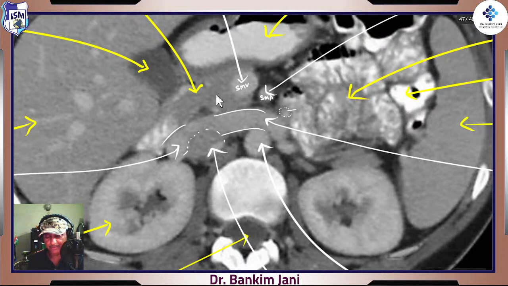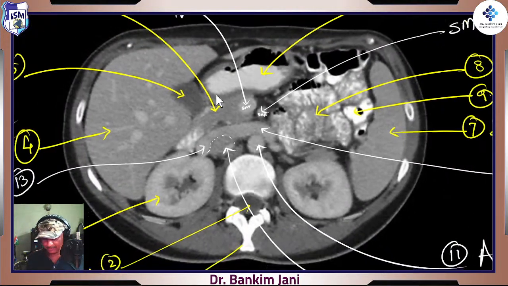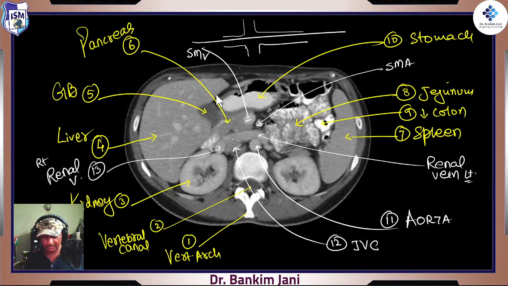This one is the inferior mesenteric vein, but because it is almost merged into it, it is a bit difficult to figure out. But it doesn't matter. Even if you spot this much, a big pat on your back, that is very good.